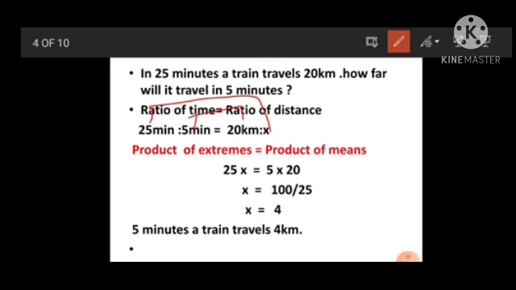When 25 is going to the right hand side, it becomes a divide. So 100 divided by 25, 25 ones are 25, 25 fours are 100, x equal to 4. In 5 minutes a train travels 4 kilometer.